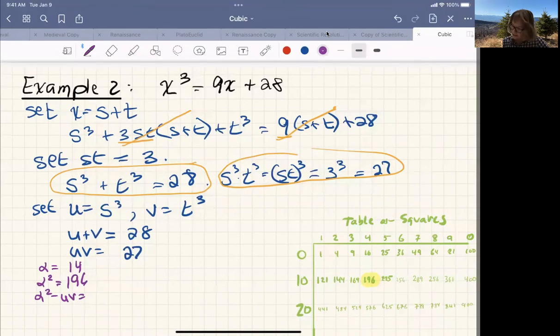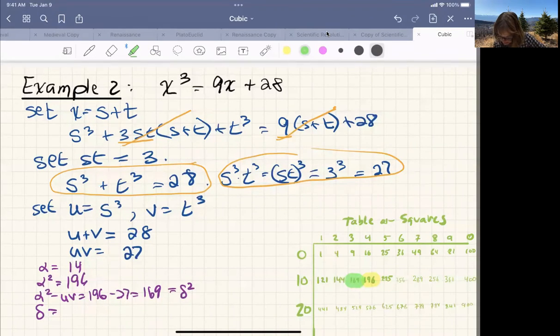And so that's going to be 196 minus, and then uv was 27, and that's just 169. And so that's what our delta squared is. So what's delta? It's going to be the square root of 169. So that's on our table of squares right there. And we see that that's going to be 13 squared. So delta is 13.